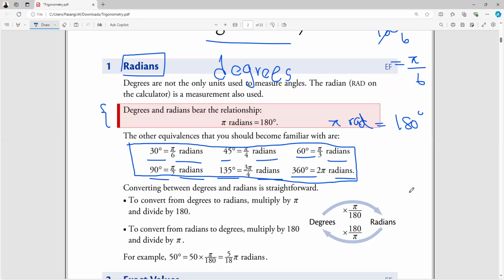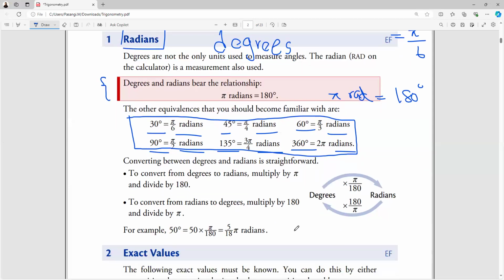Then what will happen? How to convert a radian value to degrees? We know that π equals 180 degrees.